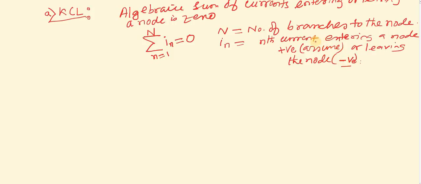You may consider it vice versa actually. So for an example, say we have a network junction like this.